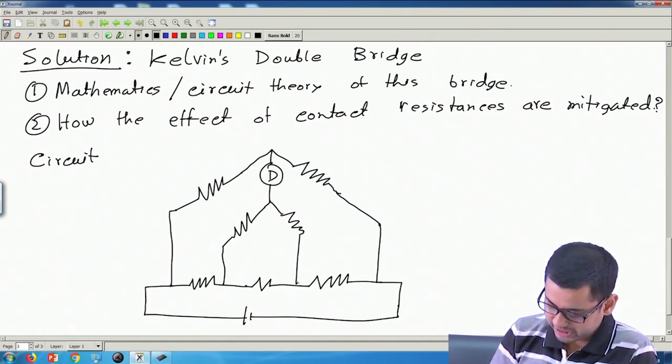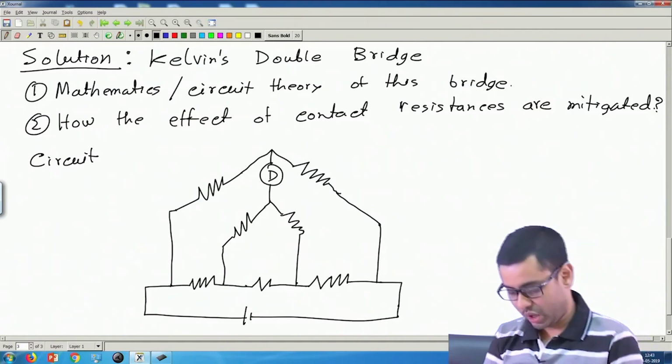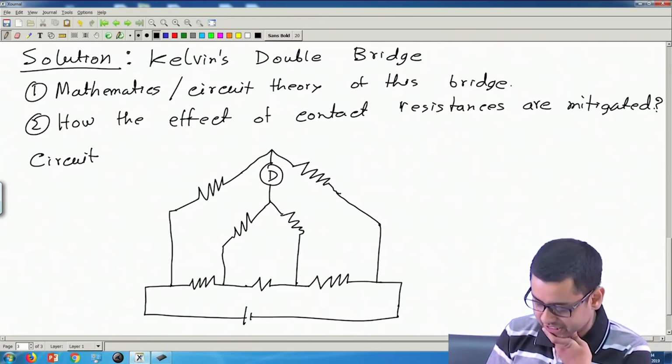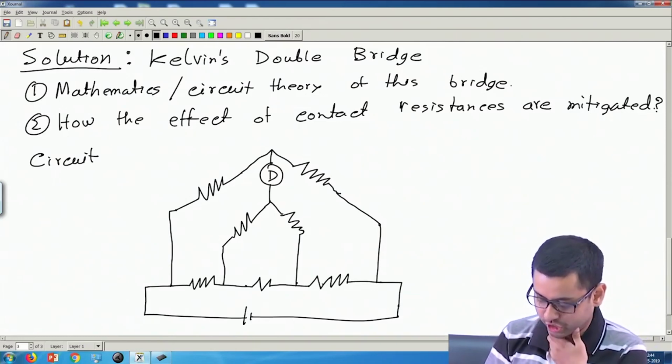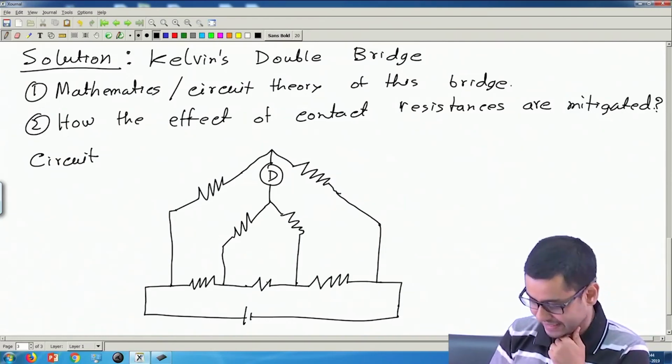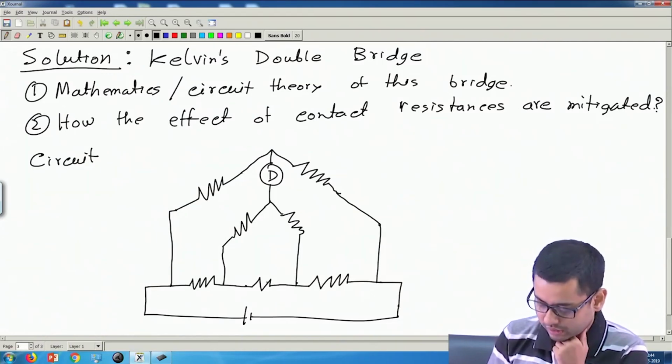Okay. So, the bridge looks a bit complicated, but once you understand this bridge, the function of each resistance, then you will see it is not difficult to remember this bridge. But right now, let us start with this circuit being given.